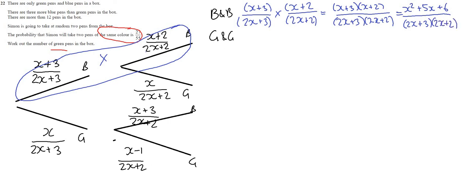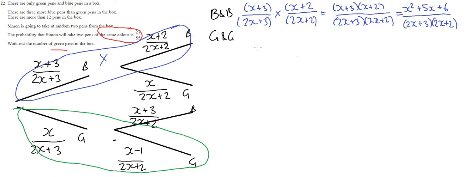Right, now I've got green and green. Now to get green and green, he has to follow this path. So again, we need to multiply those 2 probabilities. So I've got X over 2X plus 3, and I'm multiplying that by X minus 1 over 2X plus 2.